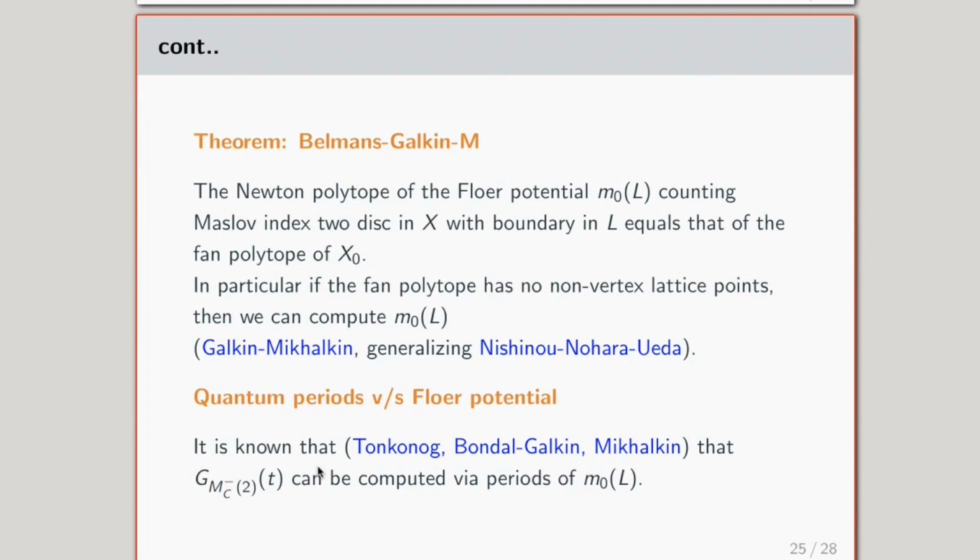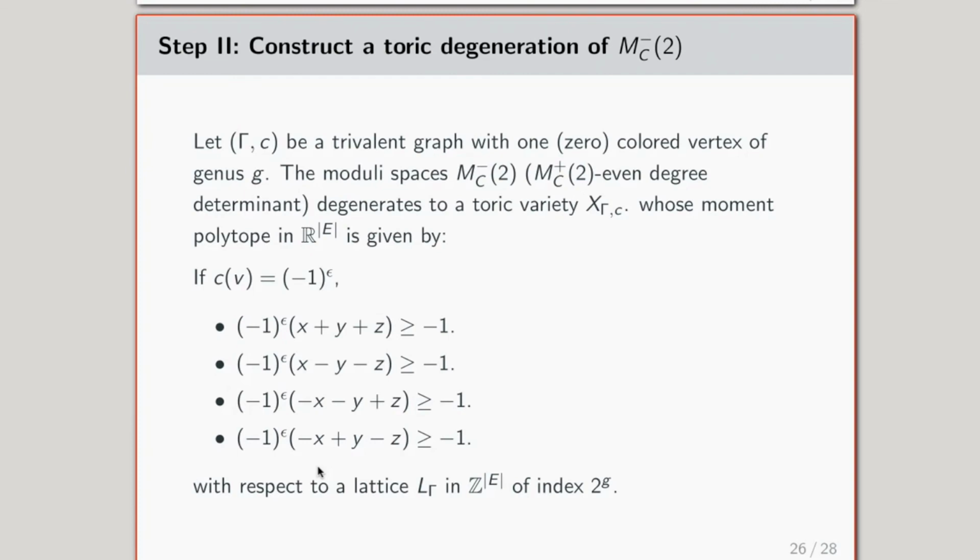And what we do is that we first construct a toric degeneration. In this particular toric degeneration, the conformal blocks play a great role. So this is the toric variety, especially the polytope that I'm going to describe. The polytope is the following. You have gamma, a trivalent graph, where E is the set of edges.